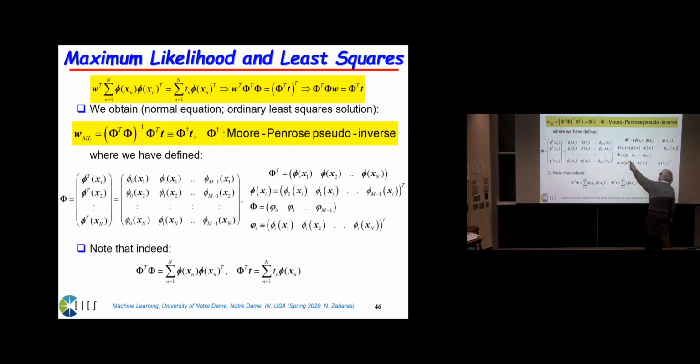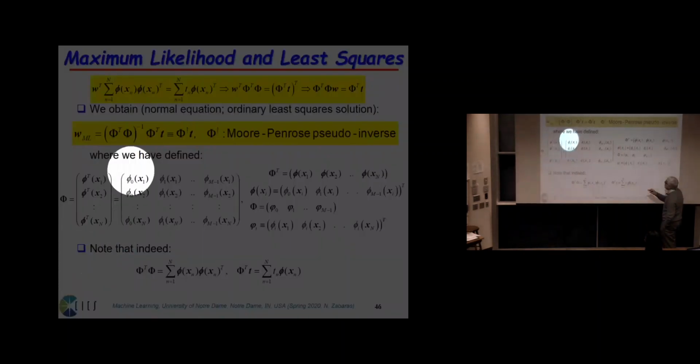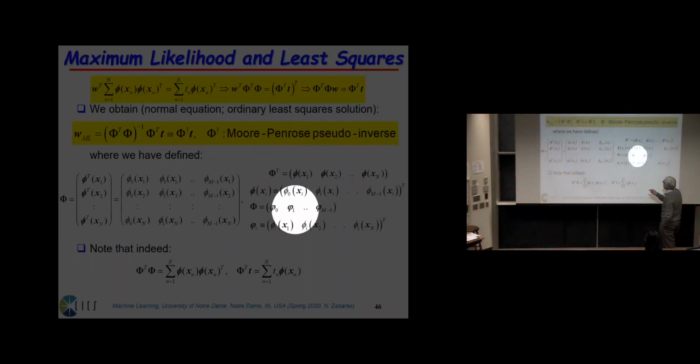Notice it's a different phi, this calligraphic phi. This little phi here is a given basis function, let's say the function phi 1, evaluated at each of the training data points. Okay? So this is the capital matrix phi.